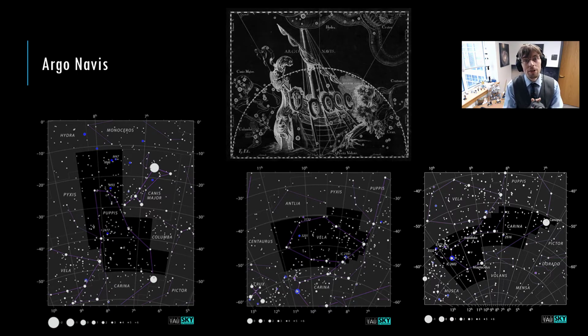Fast forward to the International Astronomical Union, they kept the star labels and broke apart the constellation. What this means is that between the 3 constellations, Carina, Vela, and Puppis, there's only one alpha star. I believe it's in Carina.